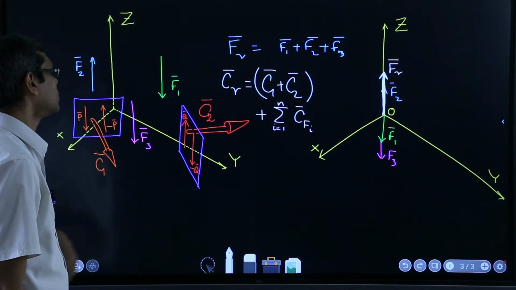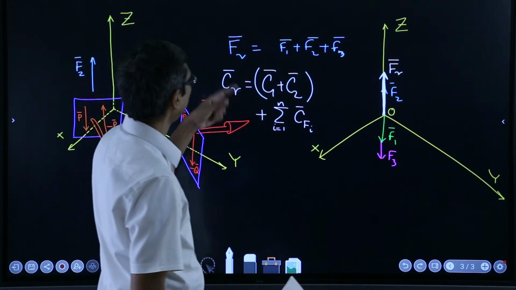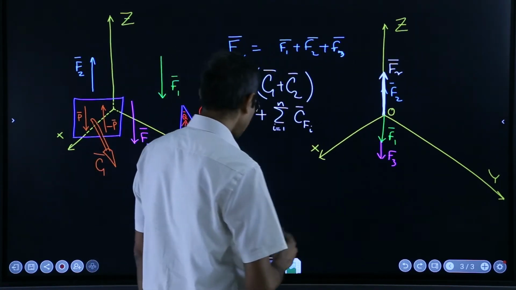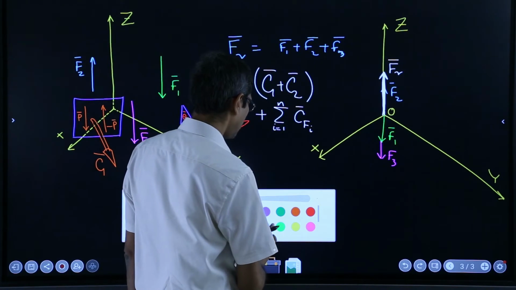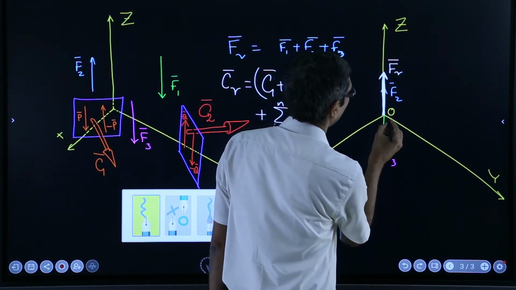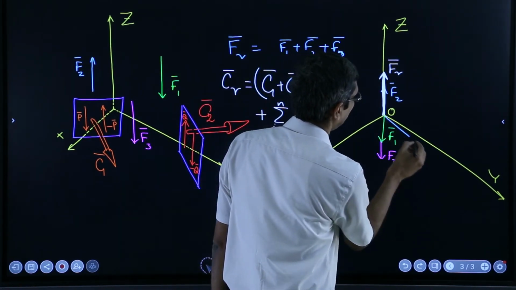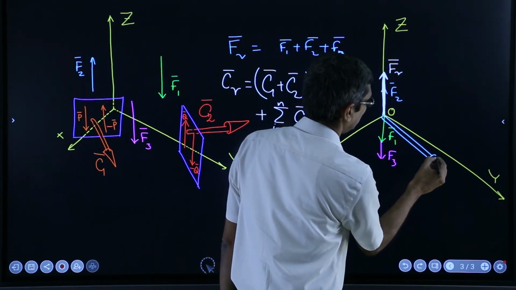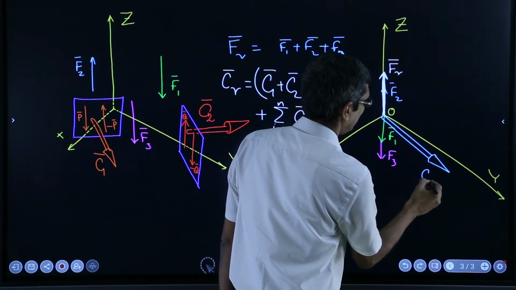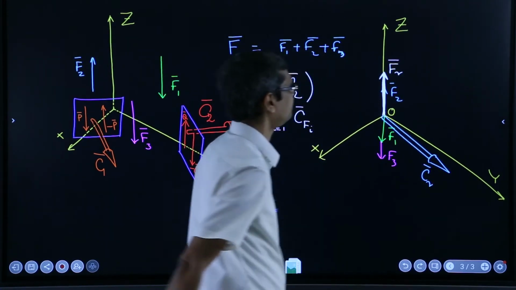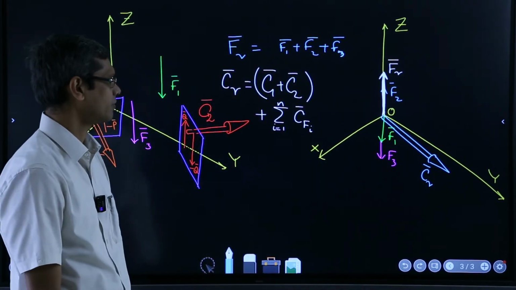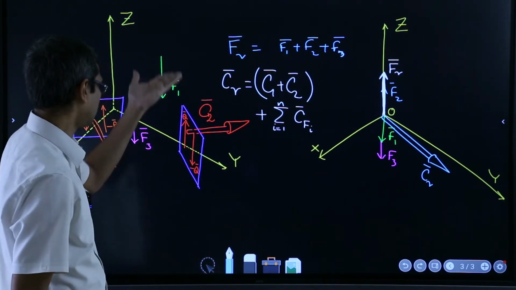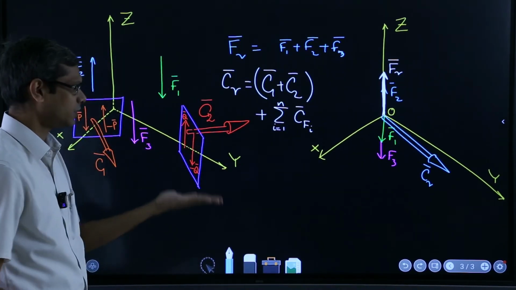Okay. Then let me show even this CR. It will be in some particular direction, maybe like this. Okay, maybe CR is this. Fine. So that will lie in the xy plane, because we are free to move this couple moment.